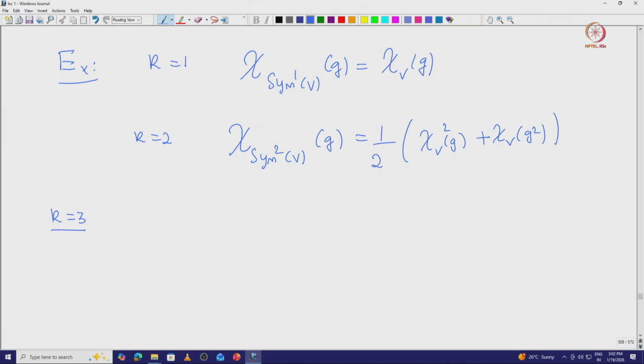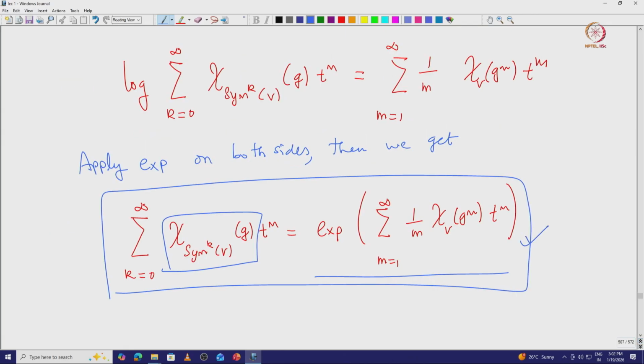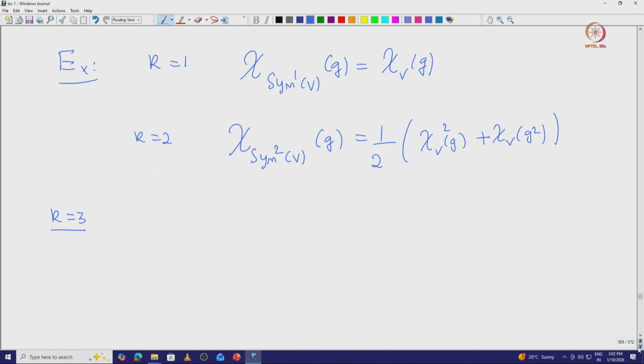Again this can be read off from this identity. So if you just use the exponential definition and then read it off, collecting the t power 3 coefficient, then what you get is chi of Sym^3 V of g is going to be combinations of chi_V of g powers.